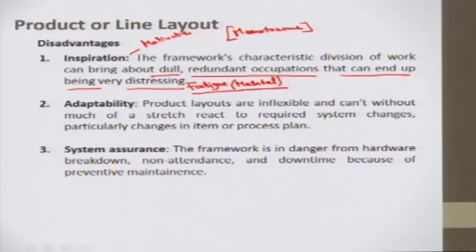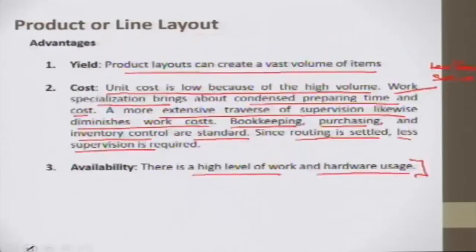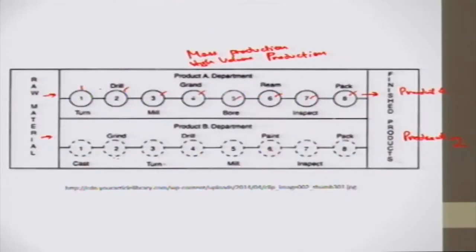Next is adaptability. Product layouts are inflexible and cannot easily react to required system changes, particularly changes in product or process design. As I have discussed before also, if I need to put one more machine and additional process here, what I have to do?